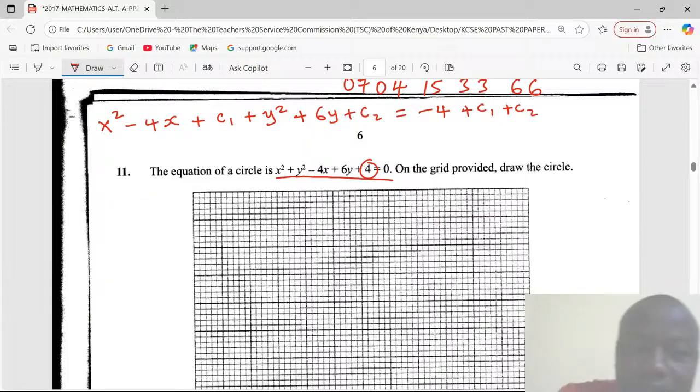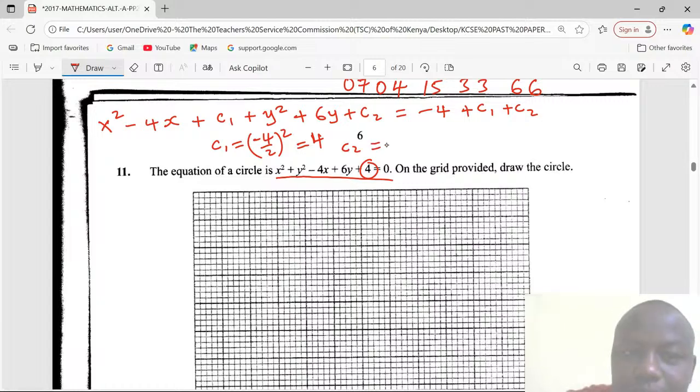The first constant should be given such that when we take the value of b over 2 and square, we get the constant. So negative 4 over 2 squared gives us 4. Now C2 will be given by the value of b in the y components, 6 over 2 squared. This is also going to be 9.